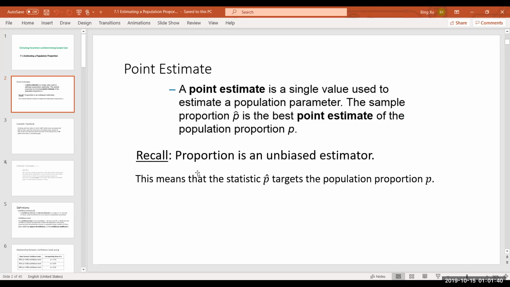Recall in the last chapter, 6.3, we talked about how the sample proportion is an unbiased estimator. That means the sample proportion always targets the population proportion. So that's why we can use the sample proportion to estimate the population proportion.